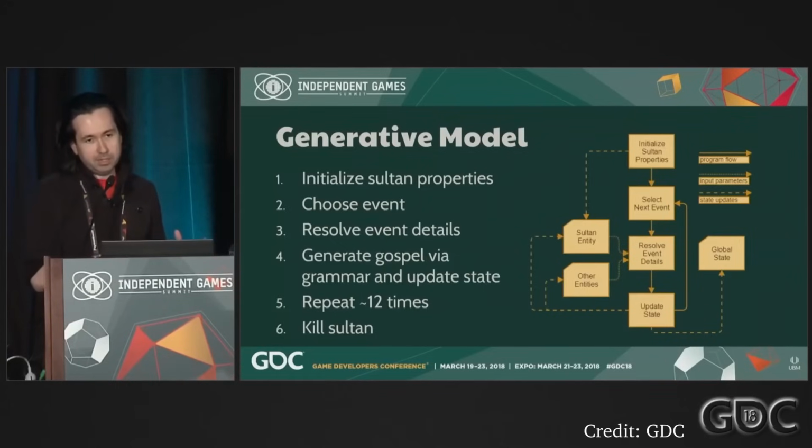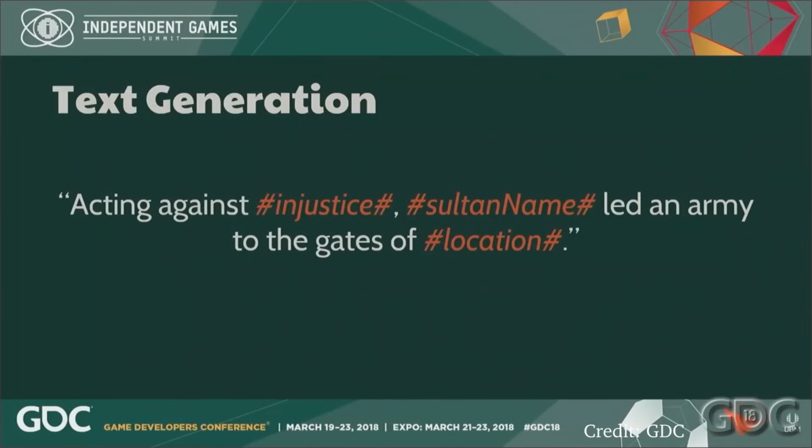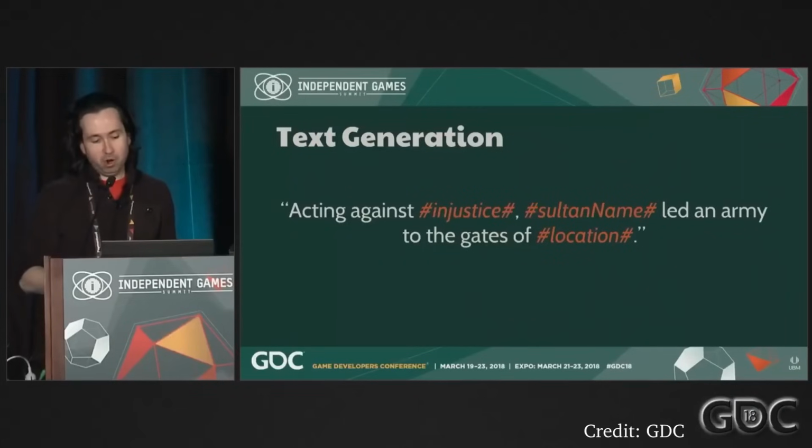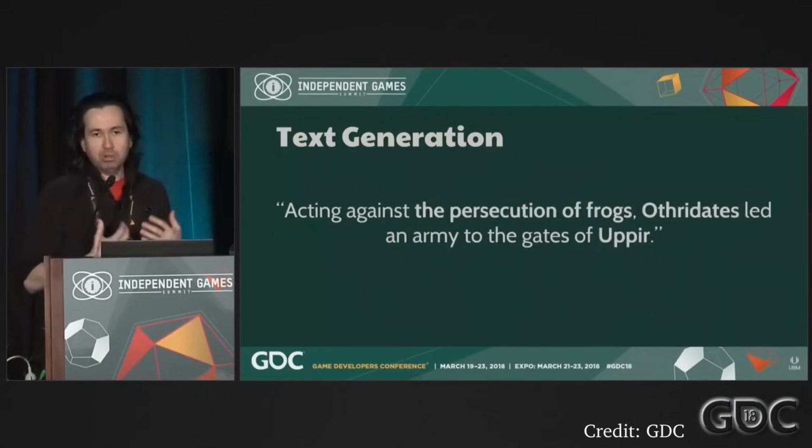The short of it, though, is that they connected a series of events that contained predefined text, and also text within that predefined text that should be replaced based off of the properties of the characters and other entities in the game. They randomly selected events to occur, much like drawing room tiles to generate the haunted house in Betrayal.